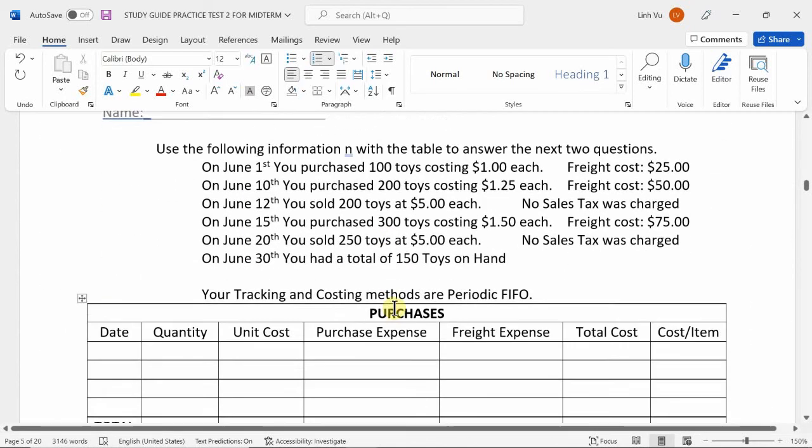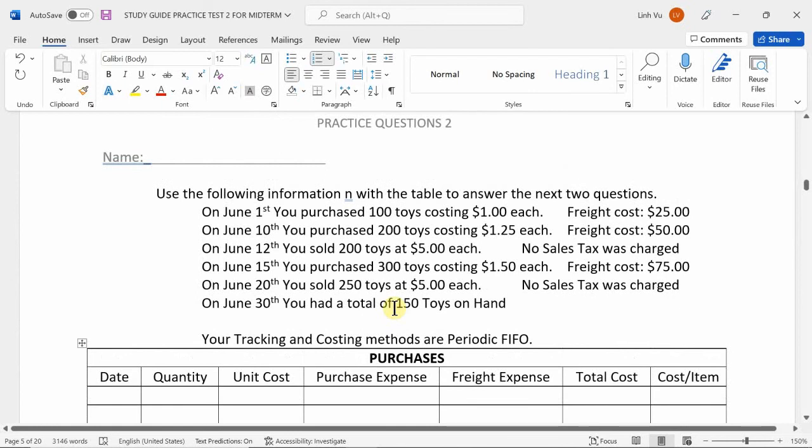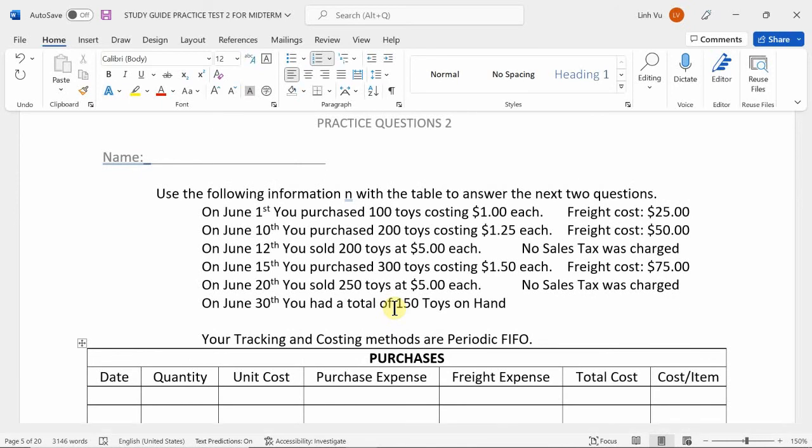Okay. So here, use the following information from the table to answer the next two questions. Once again, if you take a look at the scenario, June 1st, you made a purchase of 100 toys at $1. June 10, you made a purchase of 200 toys at $1.25, and then June 15, you made a purchase of 300 toys at $1.50.